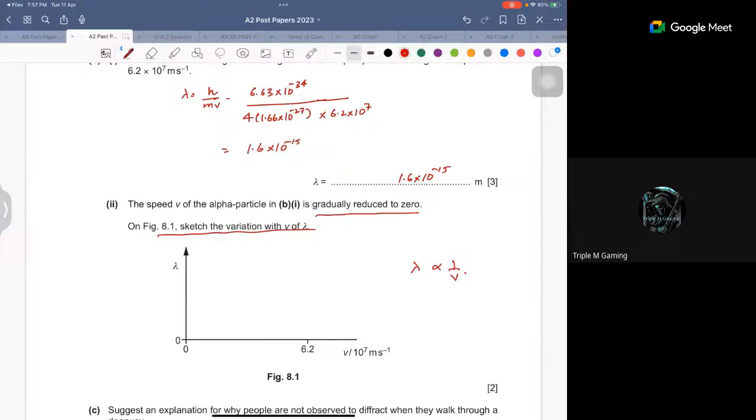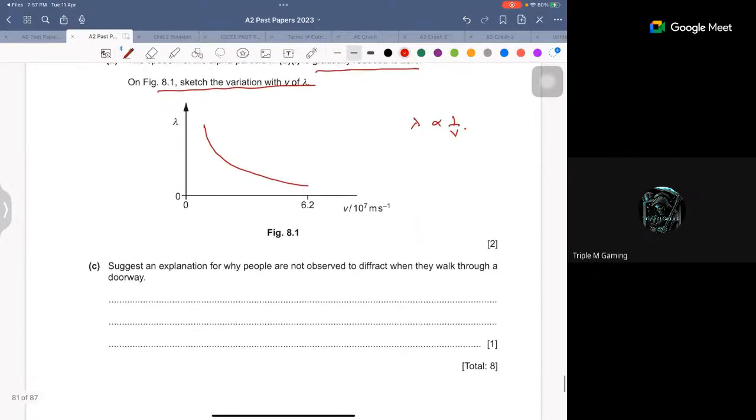Let me think about it. One upon zero is infinity, right? Yes, sir. So it won't touch the axis. It would be like this. Is it clear?